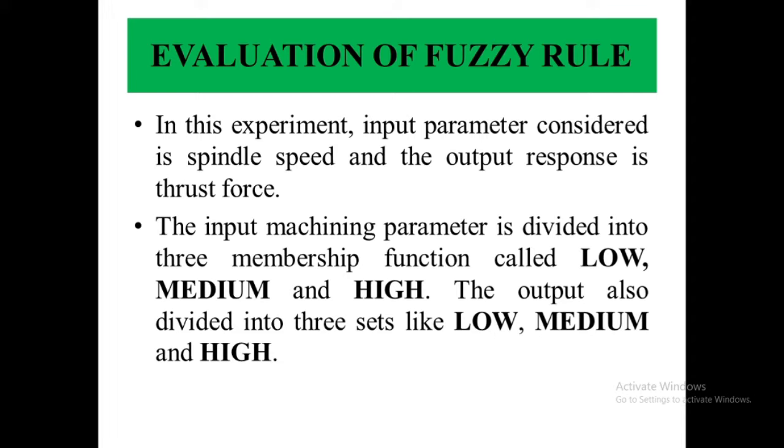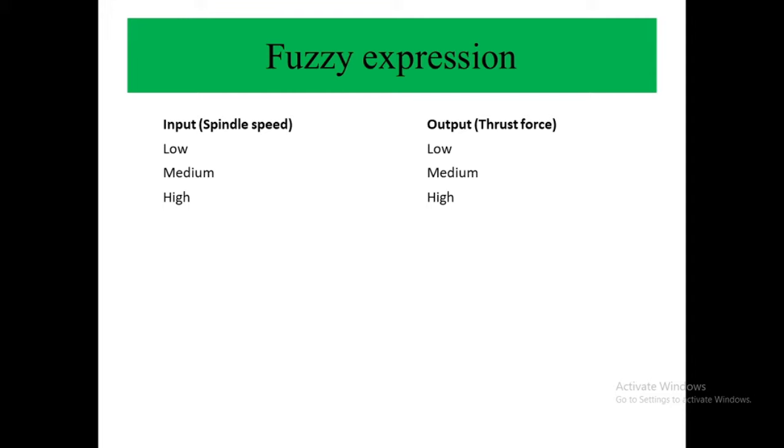The output is also divided into three sets: low, medium, and high. So the fuzzy expression can be classified with respect to this table. Input as spindle speed has low, medium, and high parameters, and for output, I consider thrust force, so low, medium, and high parameters are available.